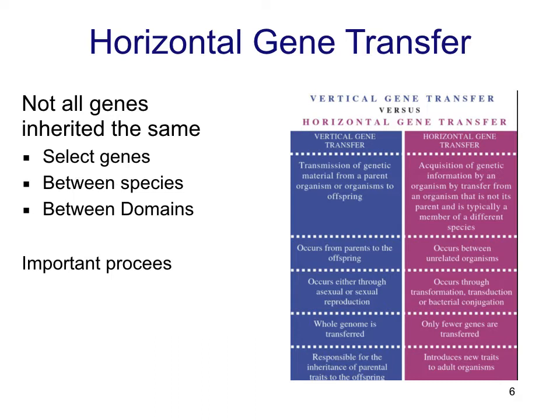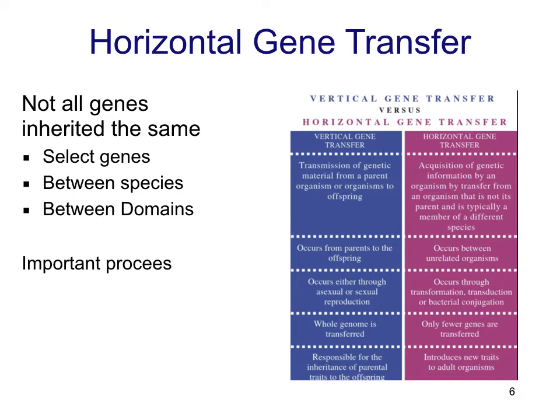Horizontal gene transfer uses the same mechanisms that we use to transfer genes in genetic engineering: the use of plasmids, transformation, transduction, using viruses. These techniques can occur between unrelated organisms, not just parents and their offspring, and they don't transfer huge numbers of genes, and they happen rarely.